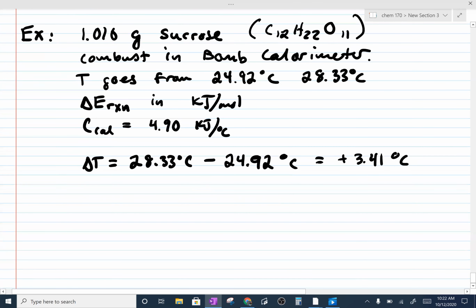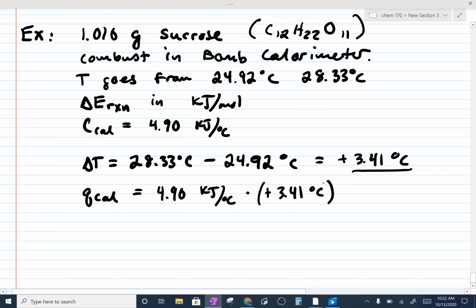Next is pretty simple. We can calculate the Qcal, which is equal to the heat capacity of the calorimeter, 4.90 kilojoules per degree C, multiplied by the change in temperature, plus 3.41 degrees C. Degree C cancels out and we're left with kilojoules.